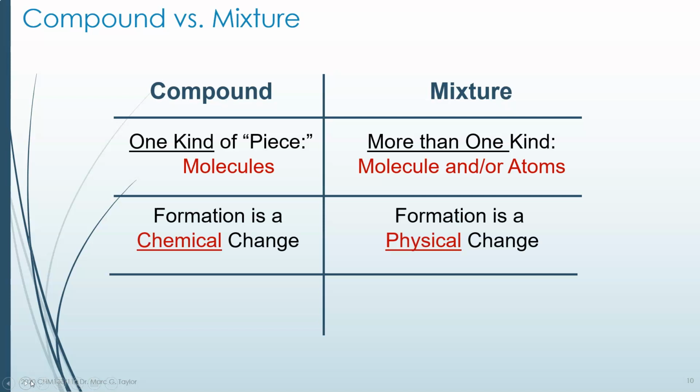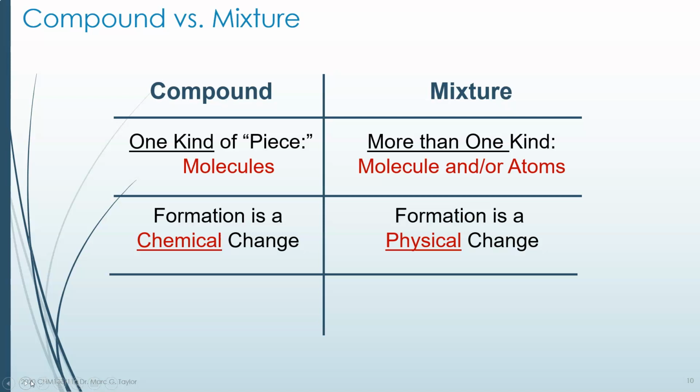Now, one thing that distinguishes these two is that if you want to separate the atoms, the elements that are part of a compound, remember these are chemically linked to one another, you have to break those chemical bonds using chemical methods or chemical changes. Whereas a mixture, these are separate substances, so you can just physically separate them.